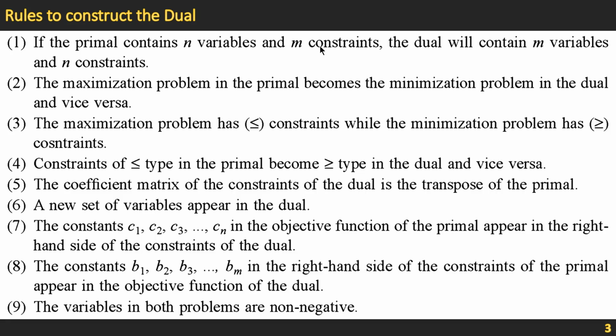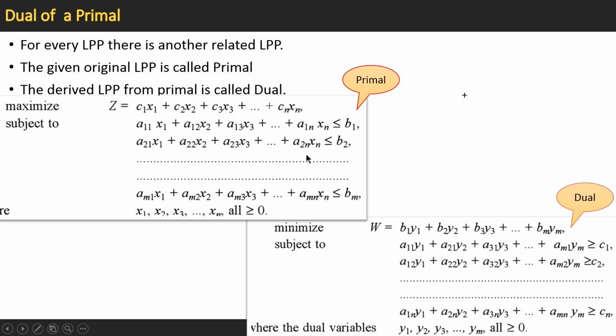Similarly, as many constraints in the primal, that many variables in the dual. Now, the maximization problem in the primal becomes the minimization problem in the dual, and vice versa. As I told, a maximization problem has less than or equal to constraints. We know that from the very beginning. Look here, all the constraints are less than or equal to.